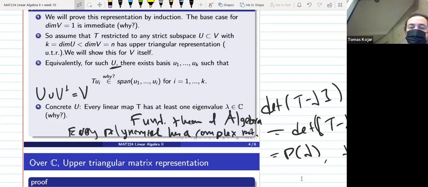Every linear map has at least one eigenvalue, and let me remind you again why.